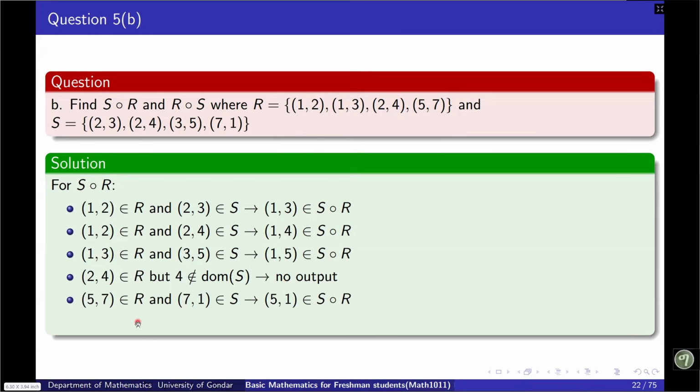Lastly, (5, 7) is an element of the relation R, and we have also here (7, 1) as an element of S, so (5, 1) must be an element of S composite of R. Therefore, the elements of S composite of R are (1, 3), (1, 4), (1, 5), and (5, 1).